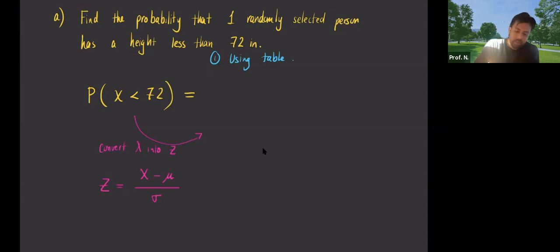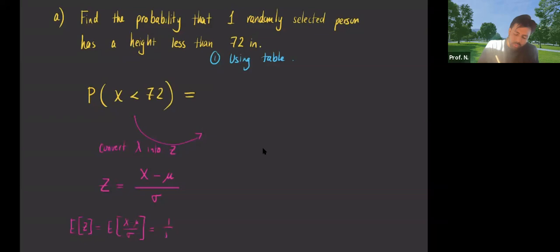And you can check for yourself. If I find the expected value of Z, I would find the expected value of X minus mu over sigma. But what is the expected value of this?